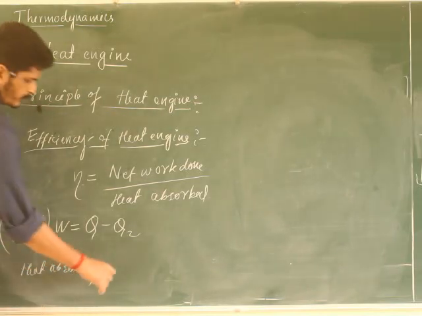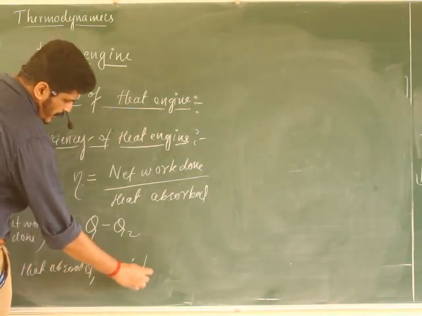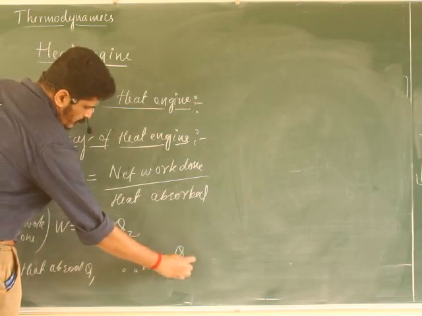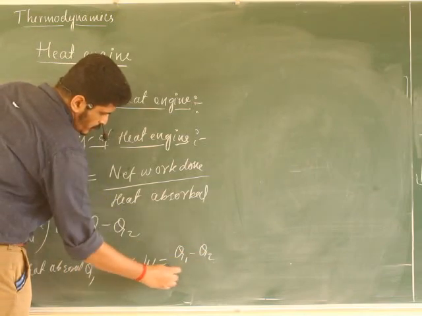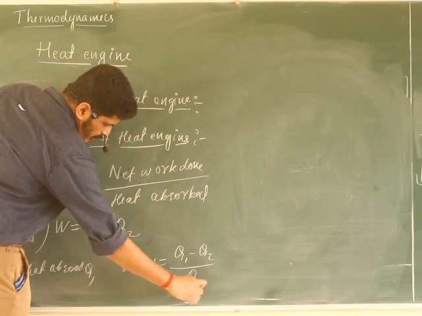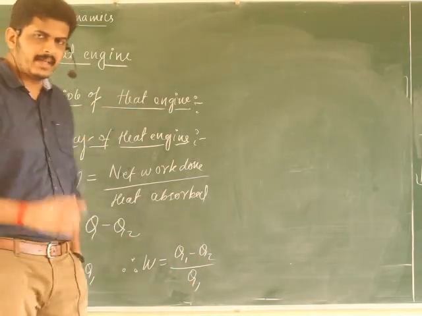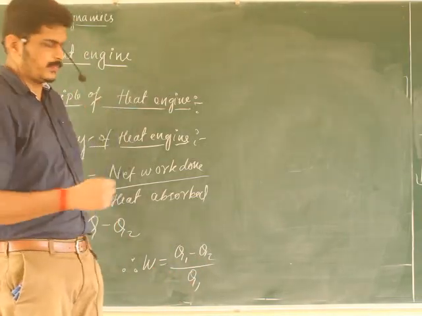So, the equation of efficiency can be written as Q1 minus Q2 divided by Q1. Work done is Q1 minus Q2.